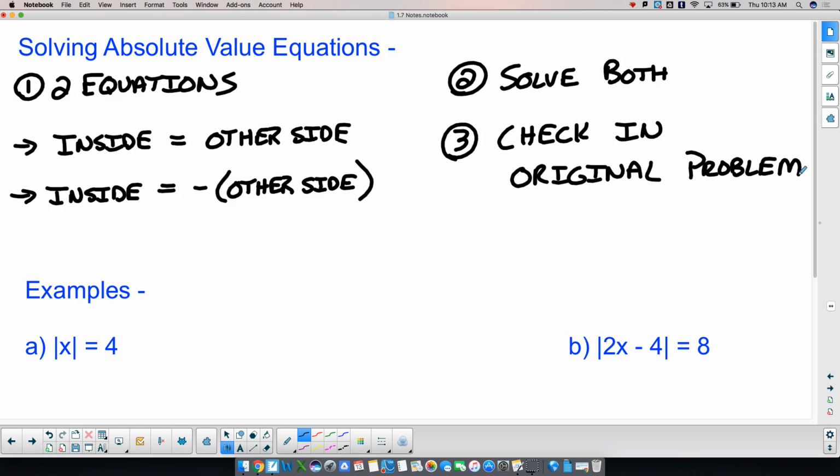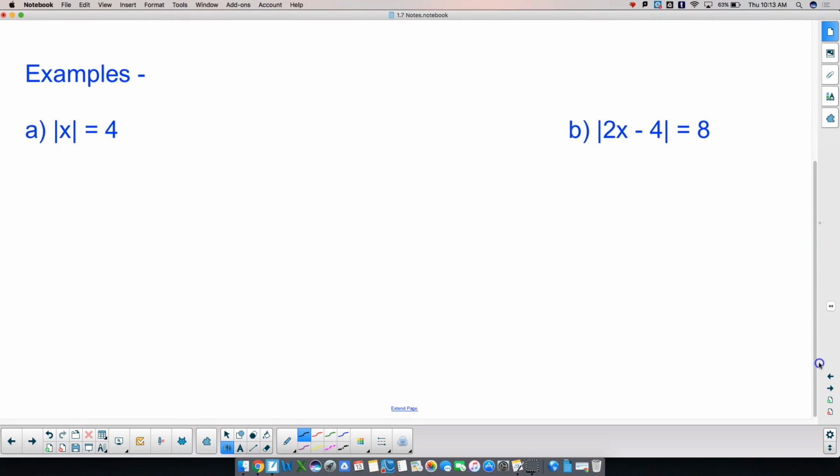Okay, let's try two of them. Step number one said I'm going to make two equations. I'm going to take the guts, the inside of the absolute value, and set that equal to the right side, the other side in this particular case.